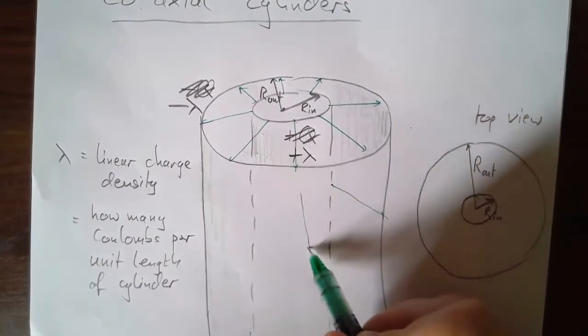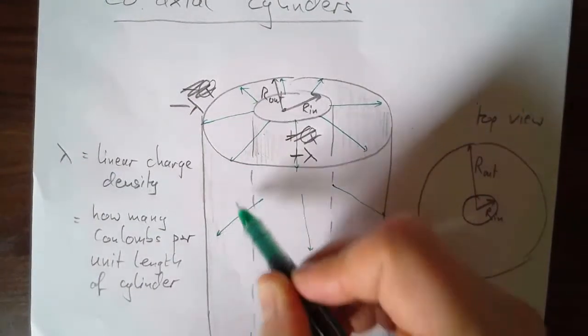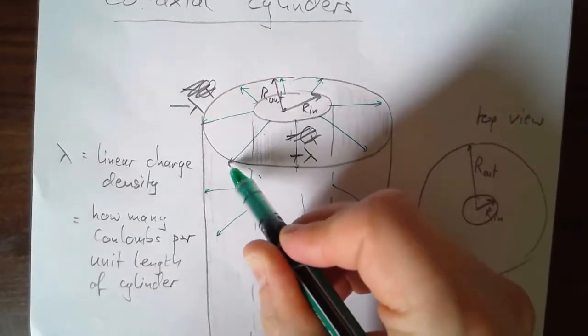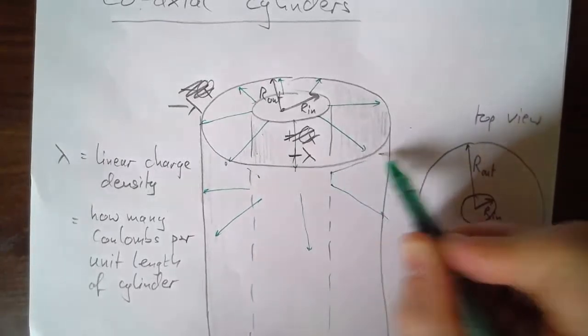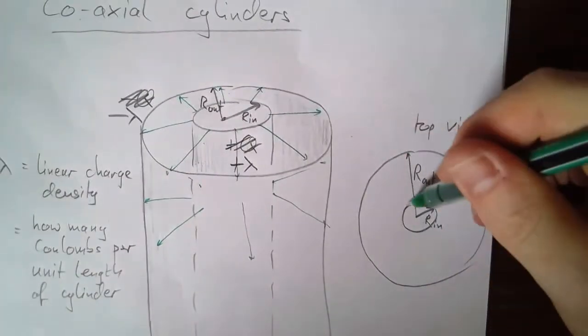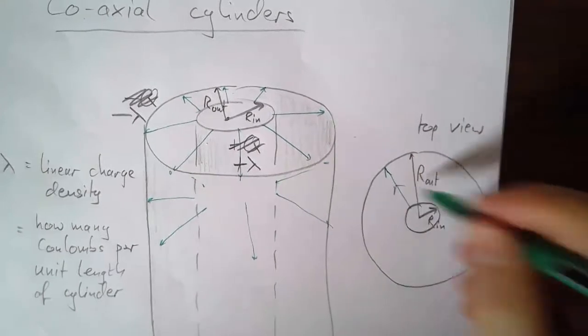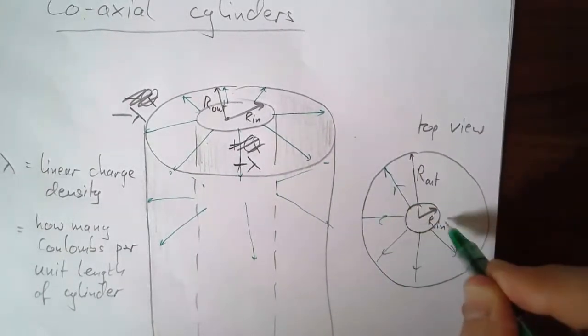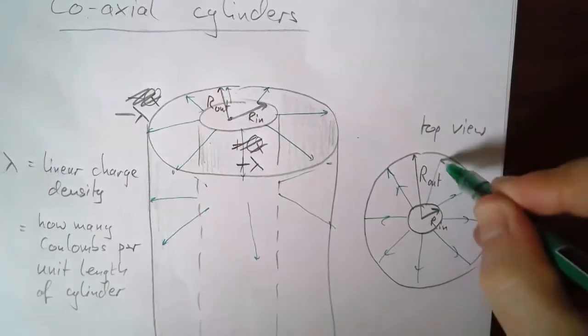It's going to be harder to draw. Not sure if I'm doing a very good job here. And then in the back, hardly. You get the idea. If I draw it from above, it's probably clearer. When I draw electric field lines, they look like this. A lot easier to draw.